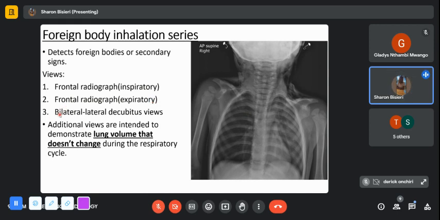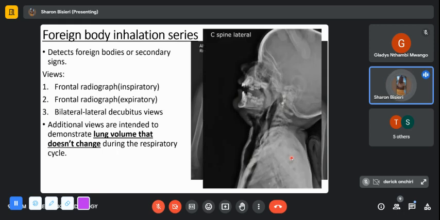Then you want to get bilateral lateral decubitus views to illustrate that there's no change in volume. So in the image to the right, we have an AP supine, and we can see a lucent right hemithorax with a mediastinal shift to the contralateral side, and the left hemithorax looks normal.